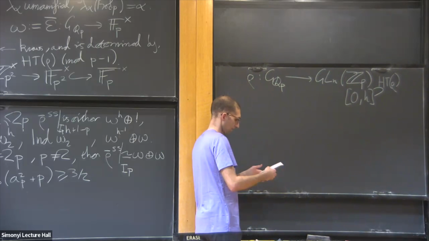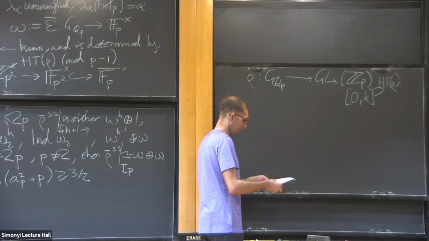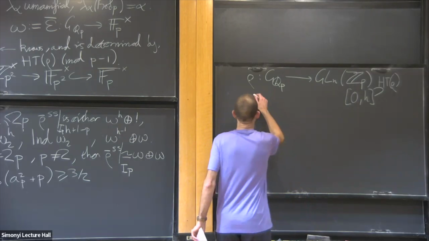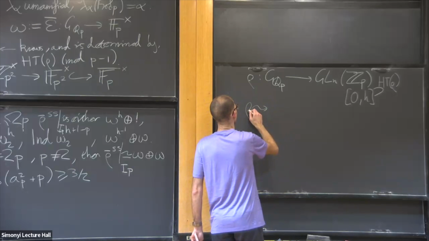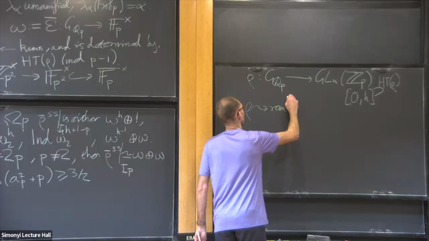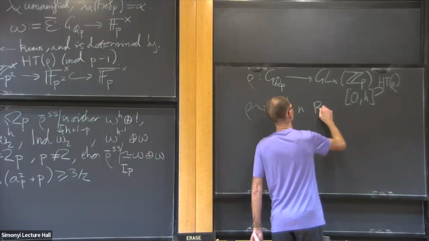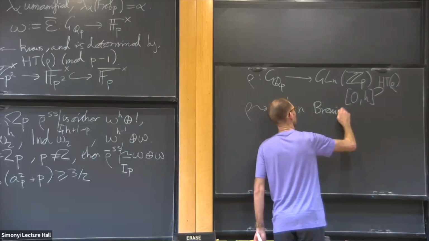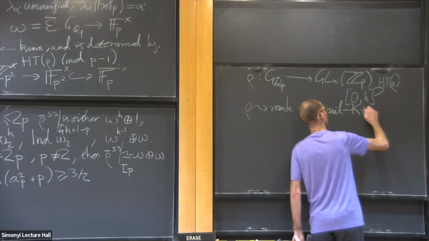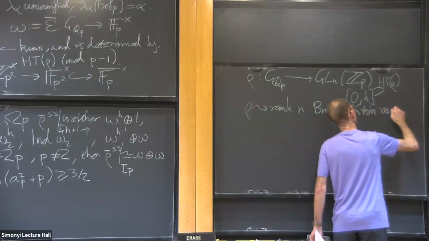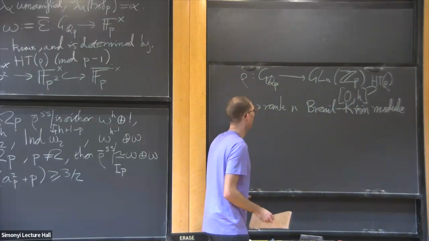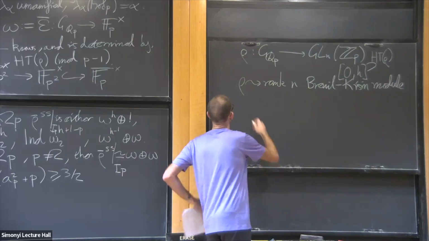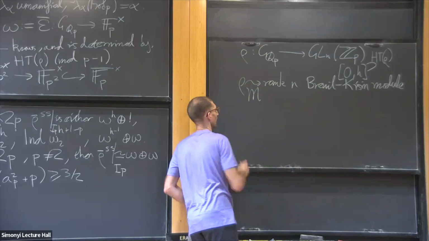Okay, well then, by work of Kisin, I guess, attached to rho is a rank n Breuil-Kisin module.